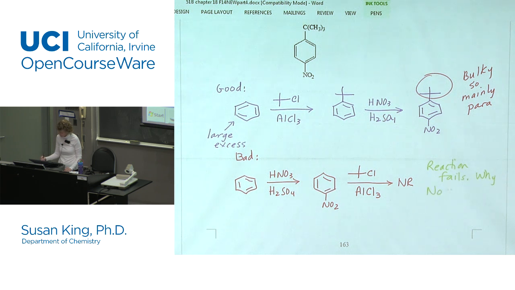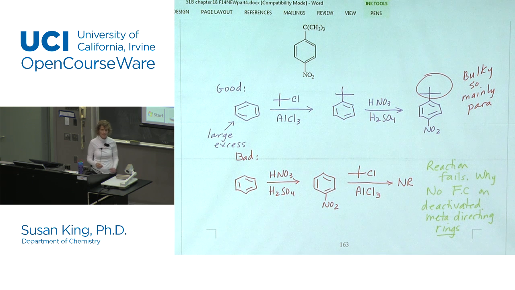No Friedel-Crafts on deactivated meta-directing rings. Now some students take this to mean that there are no reactions on deactivated rings. That's not true. There's no Friedel-Crafts on deactivated meta-directing rings. They do all the other reactions just fine.